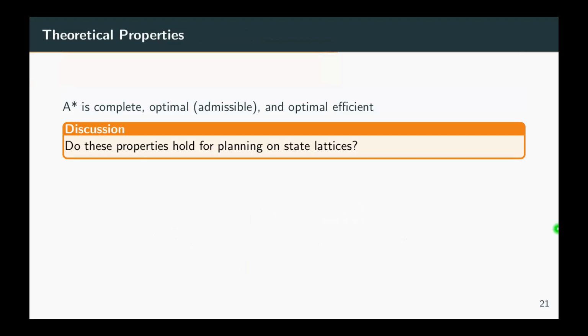Okay. So now we have figured out how we can use A star, and by extension also variants of A star that we discussed this morning, for robots if we can use state lattices. And so the question now is, do our nice properties, which were complete, optimal, and optimally efficient, also hold for kinodynamic motion planning in this case?